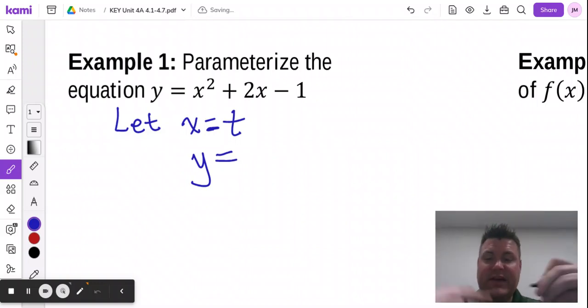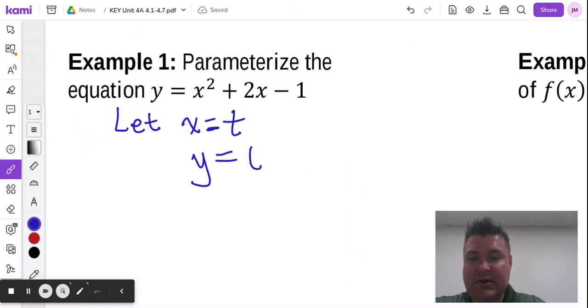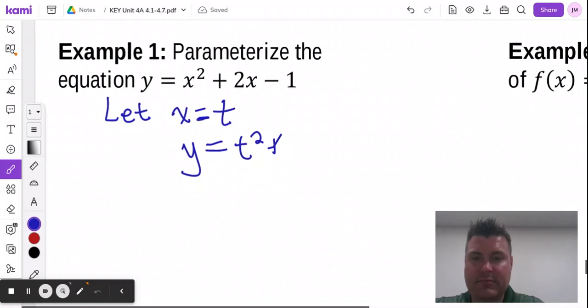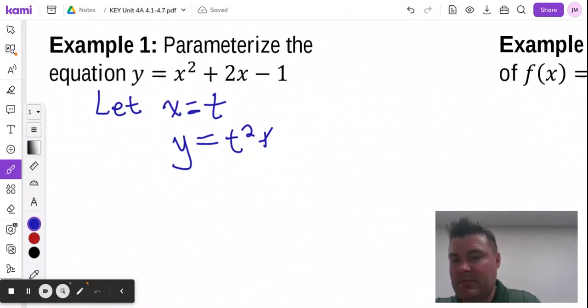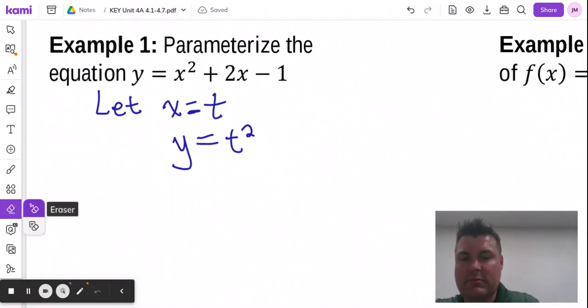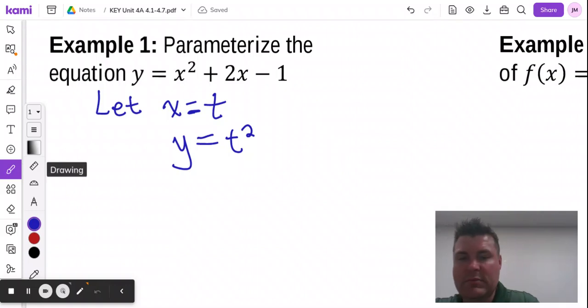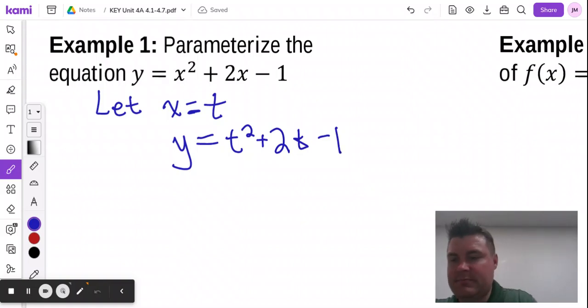Substituting out all the x's for t's gives me t squared plus 2t minus 1.